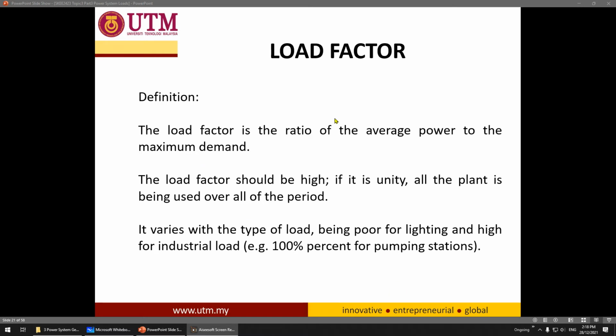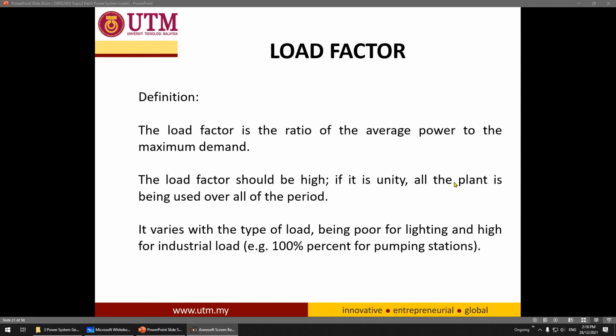Next we move on to the next part, which is load factor. What is load factor? The load factor is the ratio of average power to the maximum load demand. So basically you find the ratio, average divided by the maximum demand. Load factor should be high.